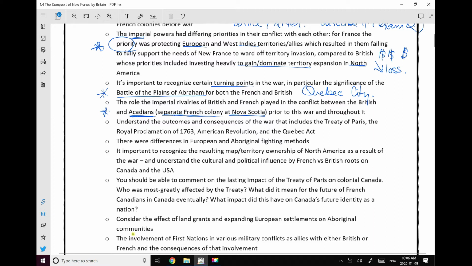In the end, the outcome or the consequence includes a couple of different acts that you'll have to know. The main one is the Treaty of Paris, which ended the 7 Years' War. And there's actually a number of different treaties of Paris over time, just because that's the location of where they signed their agreement that ended the war.